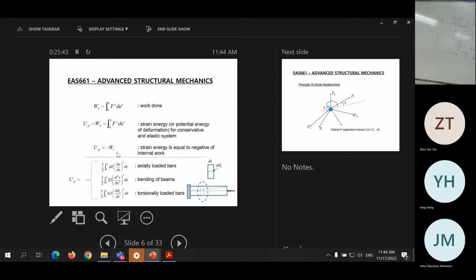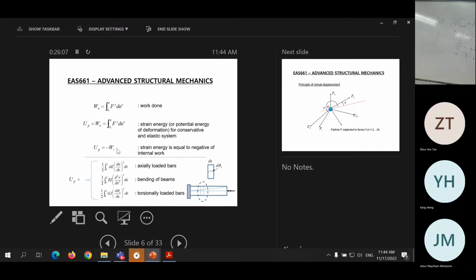Internal work is work done by the internal force. When you pull the bar getting longer, the internal force develops and also does some work. But because the internal force acts in the opposite direction to the deformations, we have this relationship.